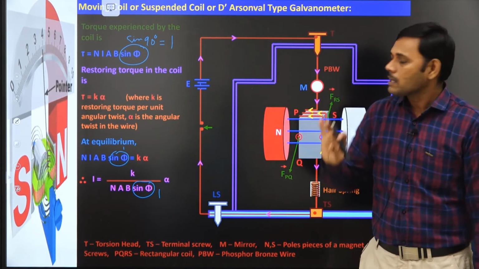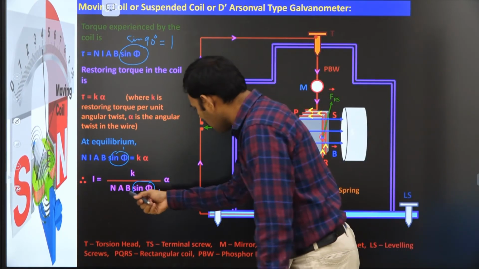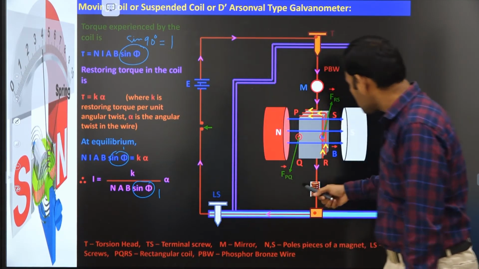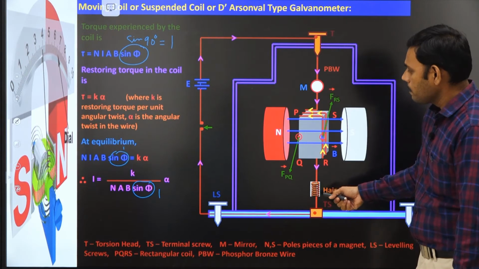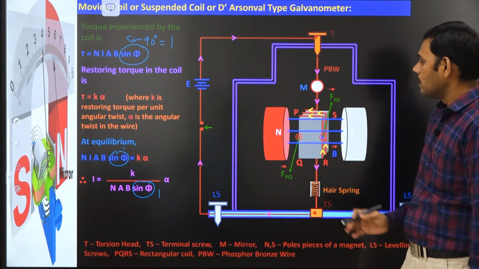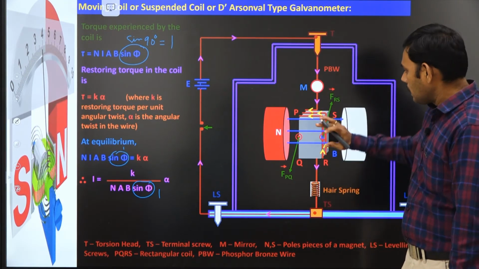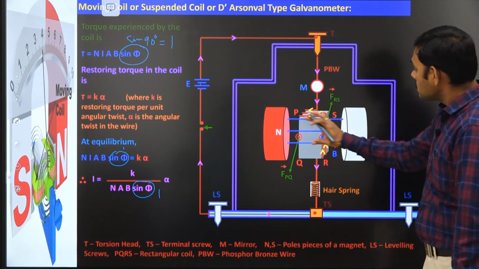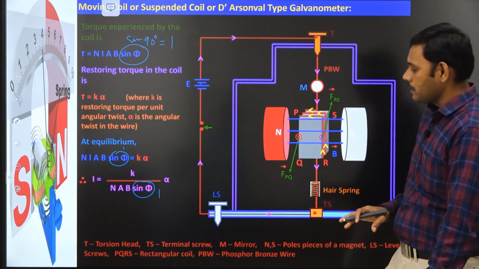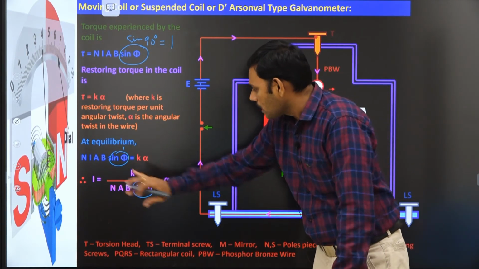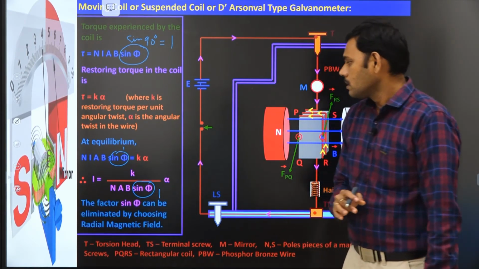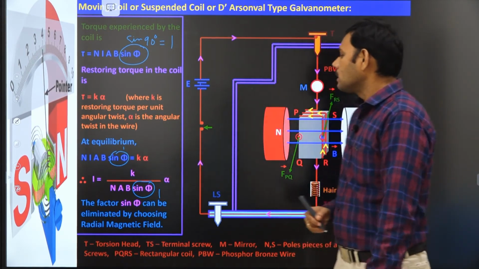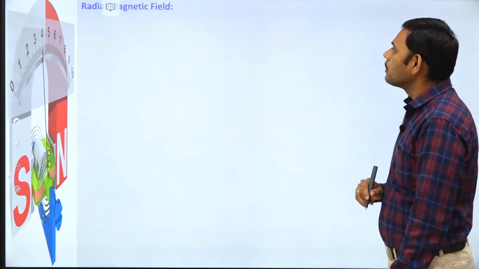The current is ultimately calculated by this formula, K by NAB into alpha, where K is the restoring constant of the spring provided here, alpha is the deflection of the coil up to the equilibrium position, N is the number of turns of the coil, A is the area of cross section of the coil, and B is the magnetic field produced by the permanent magnet. Then I is equal to K alpha by NAB, and we already put sin phi as 1.